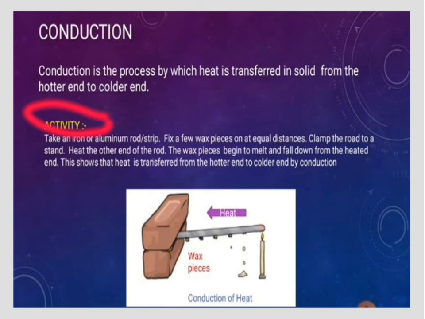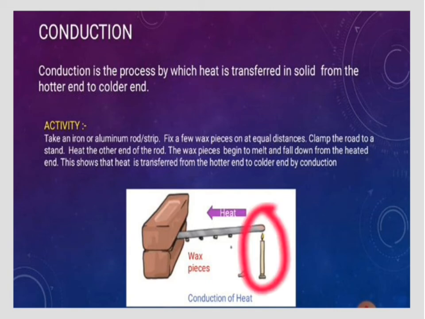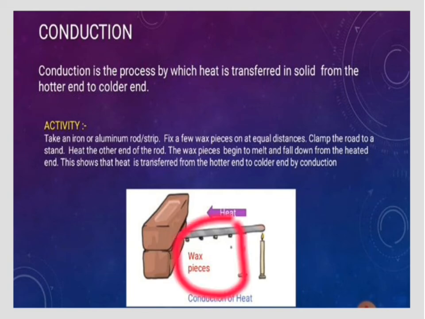Observation: wax pieces start melting. Yes, the wax pieces closest to the heating end of the rod fall first. After that, the second nearest wax pieces, and so on. Wax pieces fall down.